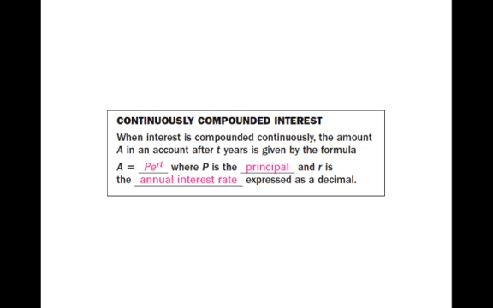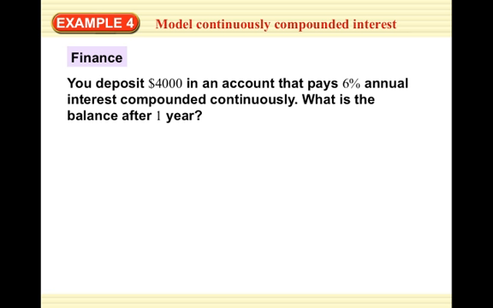So if it says compounded continuously, this is the formula that you're going to use. If it tells you quarterly, monthly, daily, any of those, then you want to use the other formula that we learned previously.